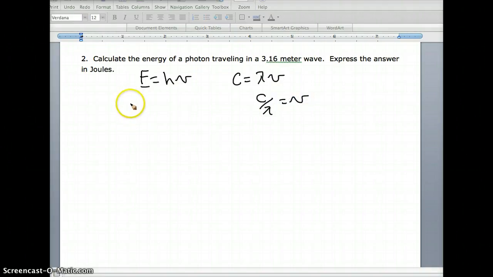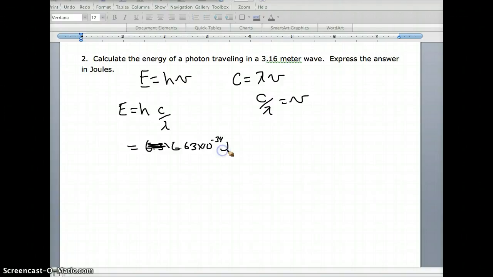So then if we go back and plug in over here, we could say that energy is equal to h times c over wavelength. H is Planck's constant, 6.63 times 10 to the negative 34th, and that's joules per hertz.